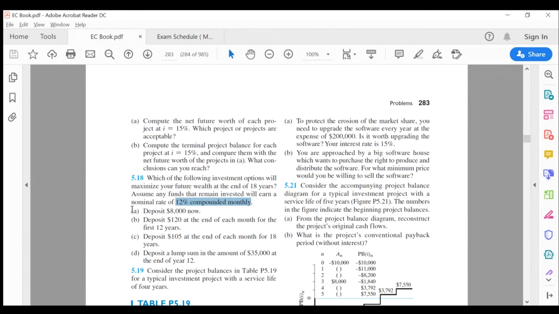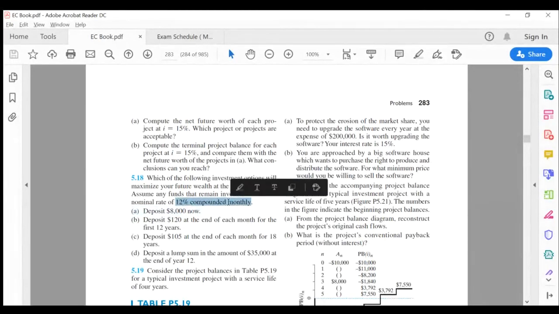Now if you look at the first one here, deposit 8,000 now, right? Then you need to know what is your annual rate, because after 18 years, what is F? You have to take each part separately and calculate an F. For this one, 8,000 now, what will be your effective annual rate?